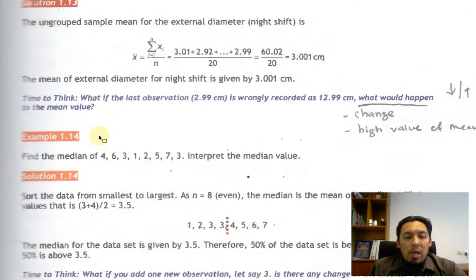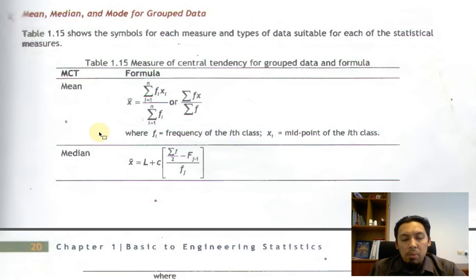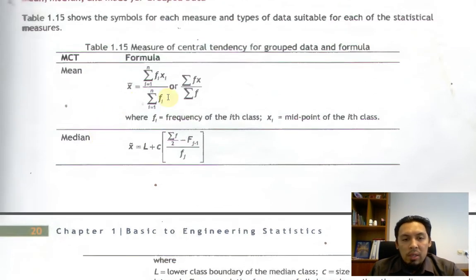So we also have mean, median and mode for group data. The formula should be used when you encounter group data, which is data in a frequency table.